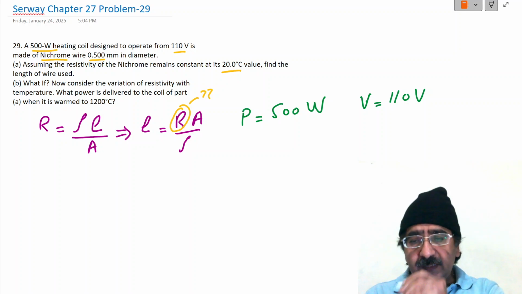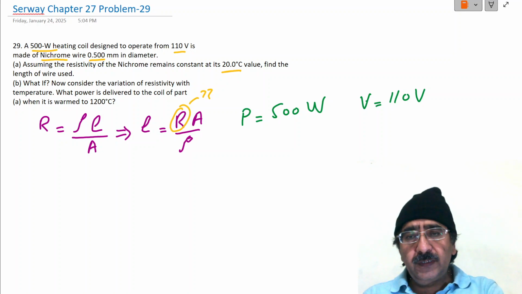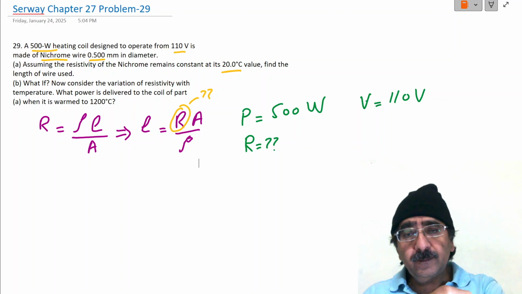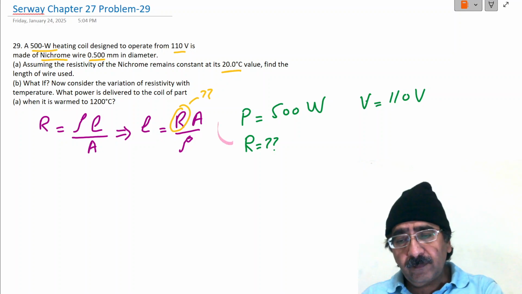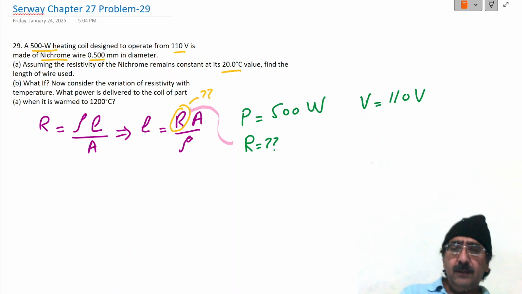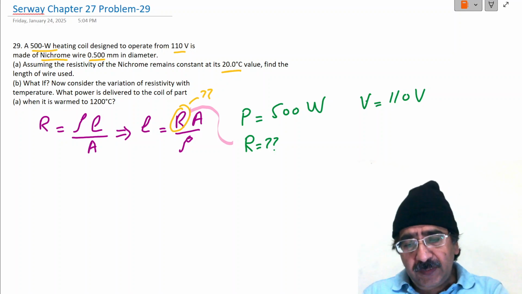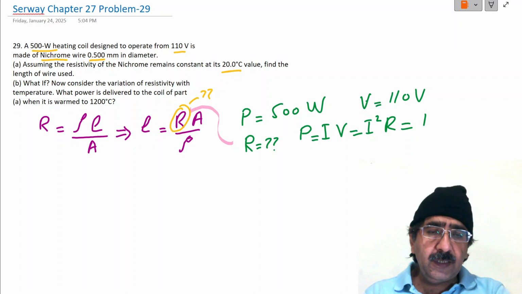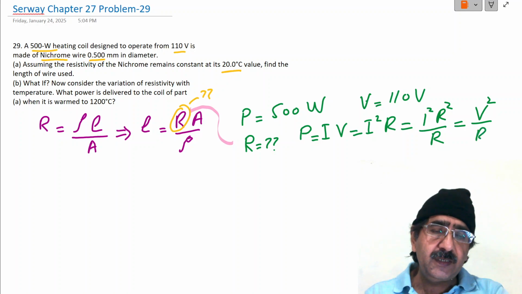So to find the resistance, we know that P is equal to I V, or you may say I square R, and as V equals I R, we can write it in this form.